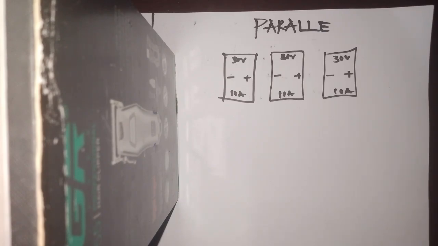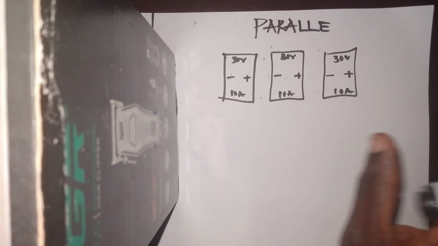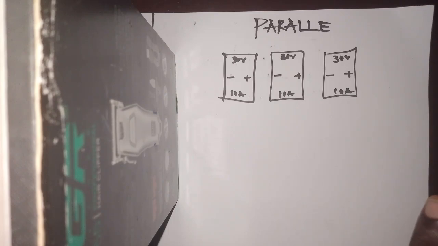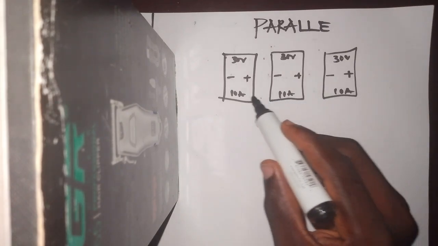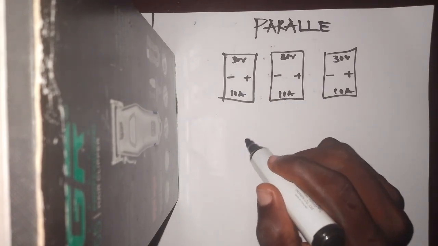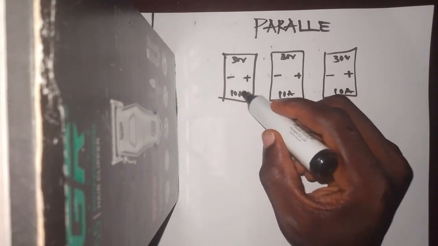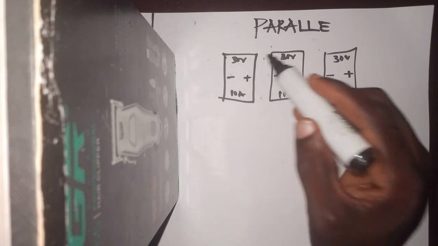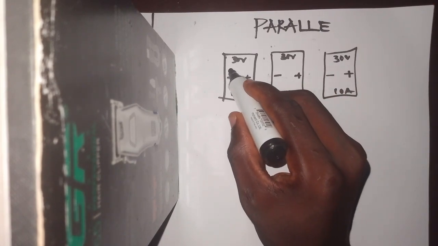Connecting panels in parallel is also simple, but might be confusing somehow. So let's say connecting panels in parallel, you will just make the simple move of connecting the negative terminal on each panel to the other one.